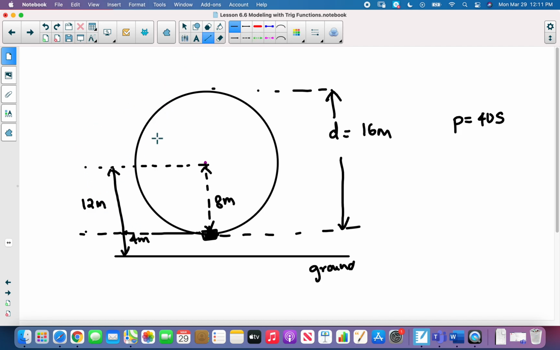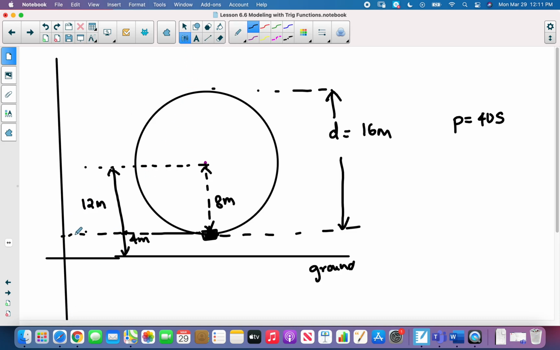So that helps us get an idea of what the graph would look like. We're not drawing the sinusoidal function here, but we're just seeing where it starts off. So you get on this ride at 4 meters. When you're at the top of the Ferris wheel, what is that height? That's going to be the 4 plus the 16, that's 20 meters, right?